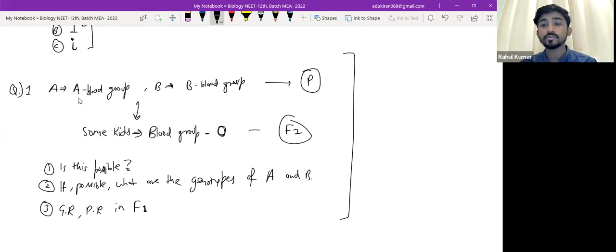Yes or no. If it is not possible, then there is no point going to questions 2 and 3, right? But if it is possible, what is the genotype of A and B? Even if it is not possible, what is the genotype of A and B? So first and second, you have to find anyway. Third only depends on it being possible. So find and tell me.